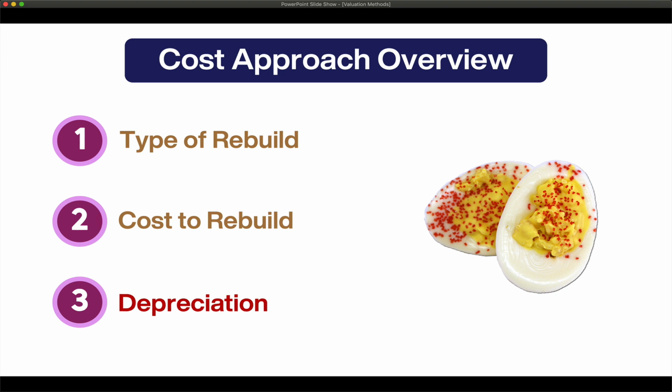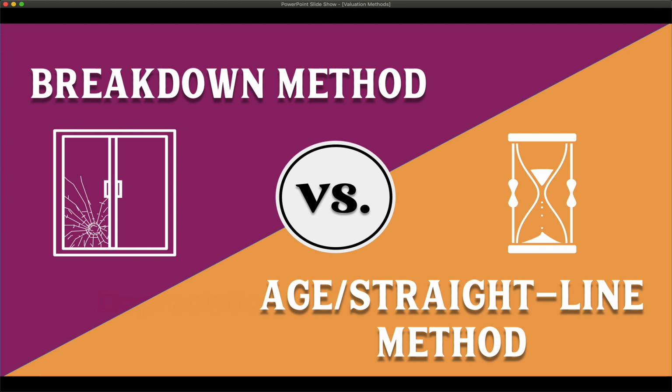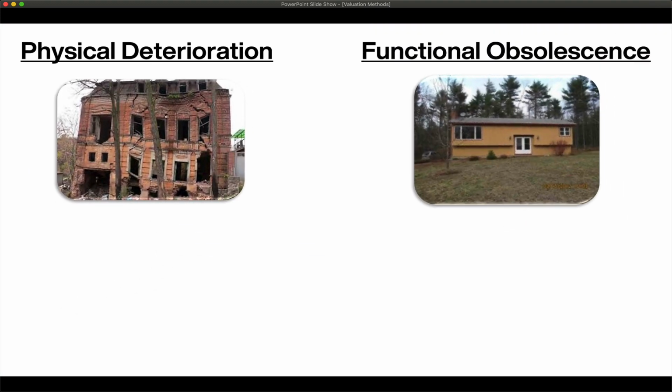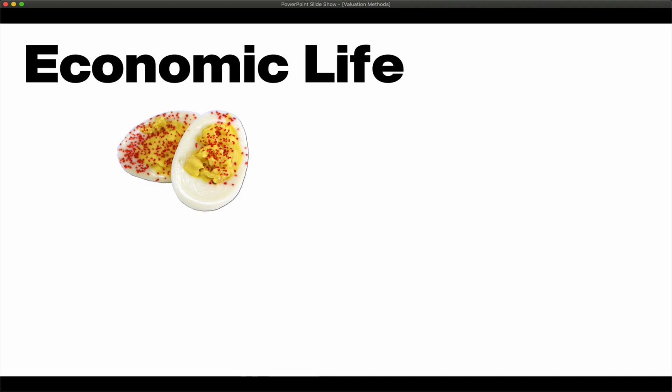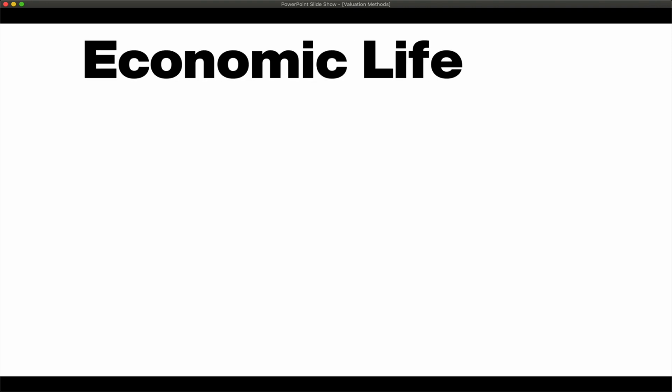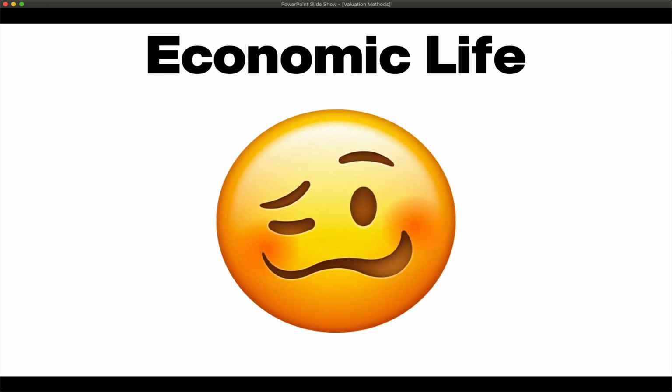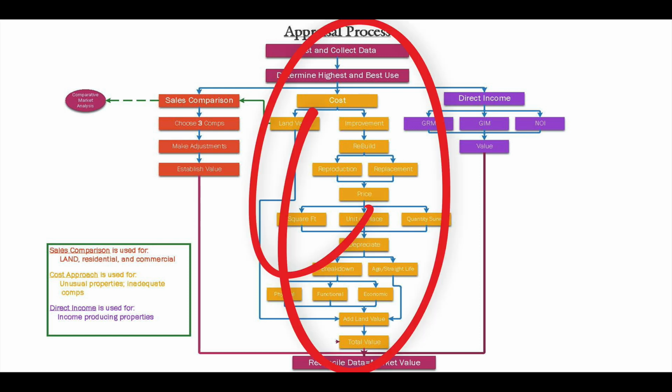In step 3, they depreciate the structure using either the breakdown method with curable or incurable physical deterioration, curable or incurable functional obsolescence, and/or always incurable economic obsolescence. Or an appraiser could depreciate using the age straight line method, or what I call the shelf life, where the structure depreciates a certain amount each year. Once the appraiser calculates the depreciated value of the structure, the value of the land is added back in to find a final value for the entire property.